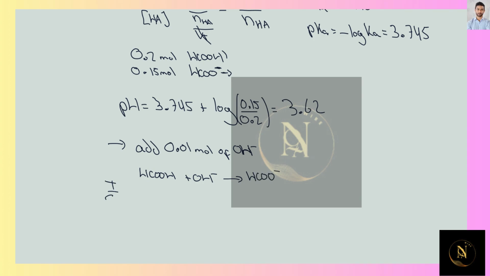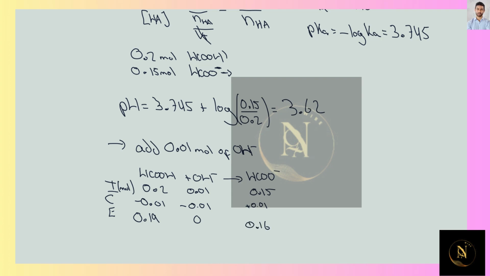We can do our ICE table in terms of moles directly. We begin with 0.2, we add 0.01, and we have here 0.15. The amount of change is given by the limiting reagent, that is going to be the OH minus. So at equilibrium we have 0.19, 0, 0.16.